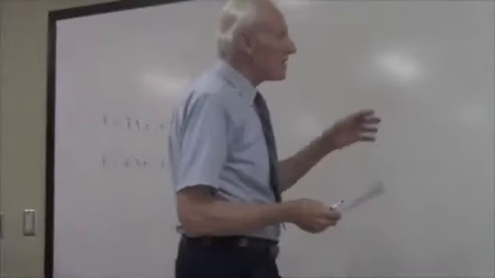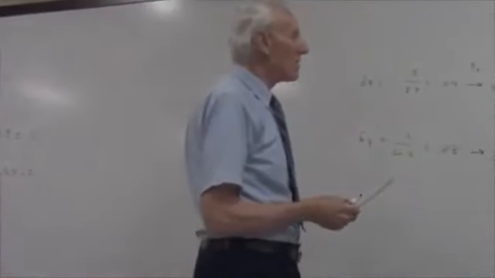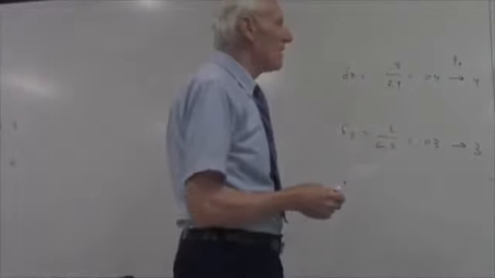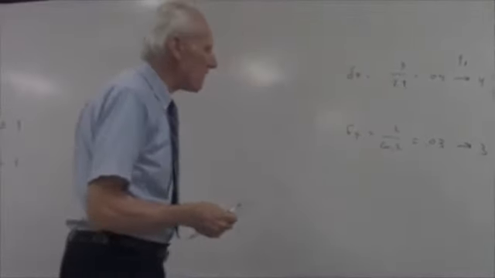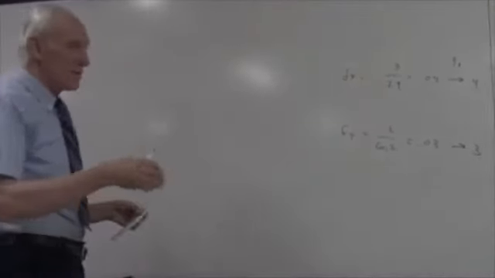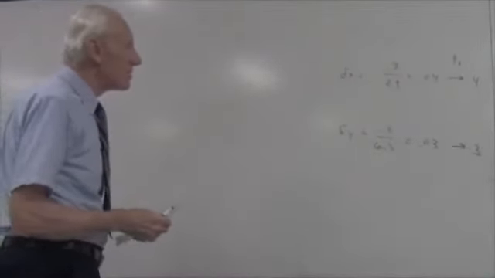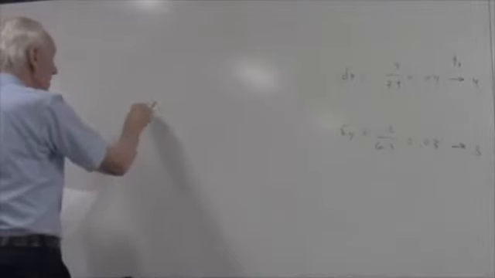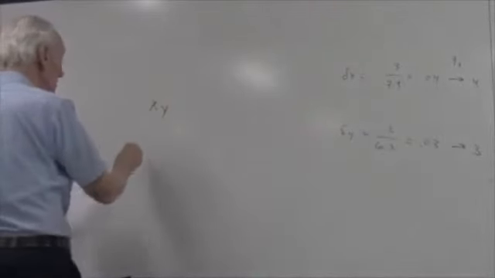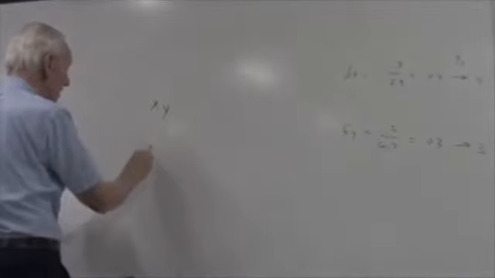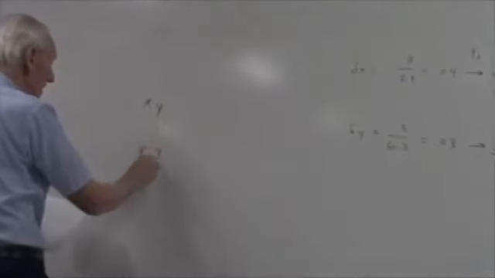So the theory is, and we could spend a little time doing this, it's not too hard to see, but the theory is if you have error sources that are all below 10%, then the best value of x times y is the best value, or the measured value, of x times the best value of y.